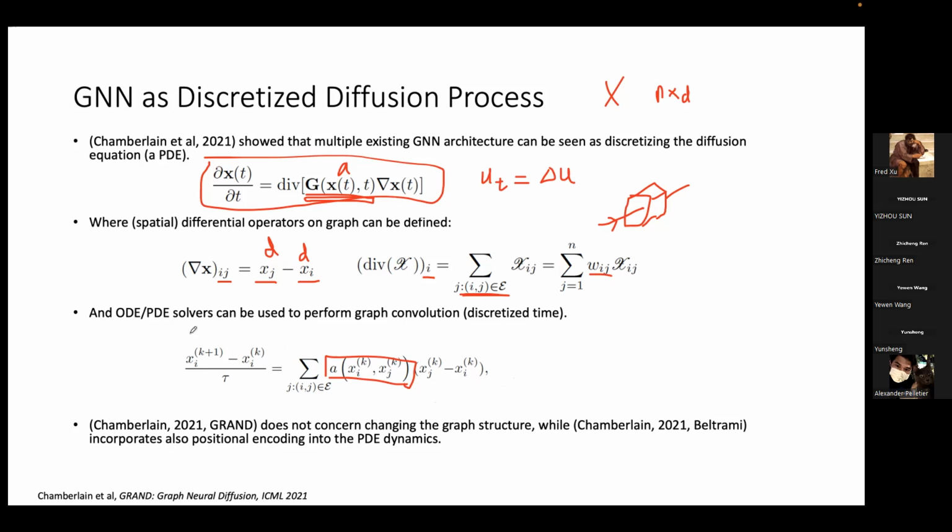Well, mathematically, even though intuitively there might be some difficulty, it's very simple, because when you discretize this PDE with the Euler solver, you naturally get this expression that looks like one layer update of your GNN. I think that's the most important part.